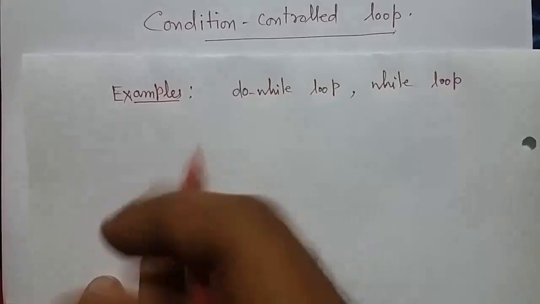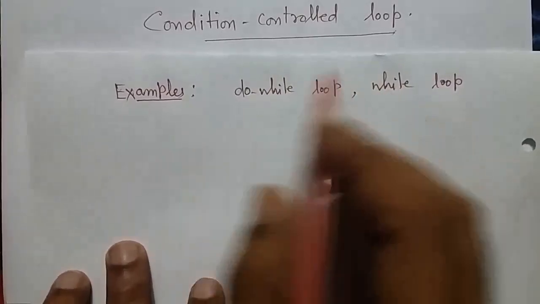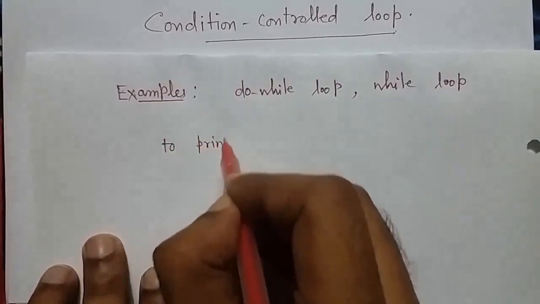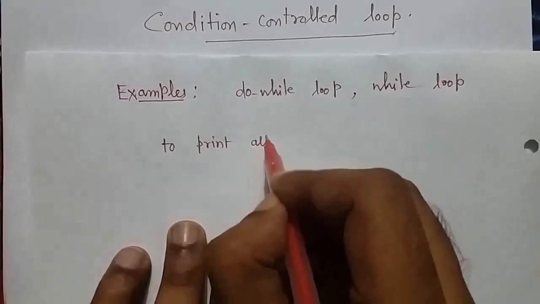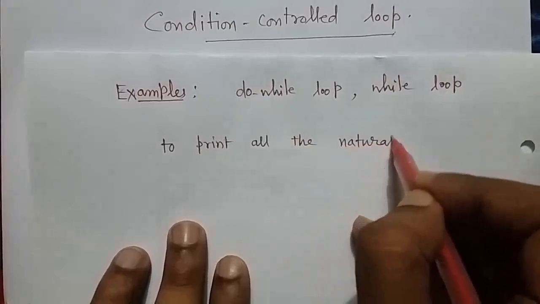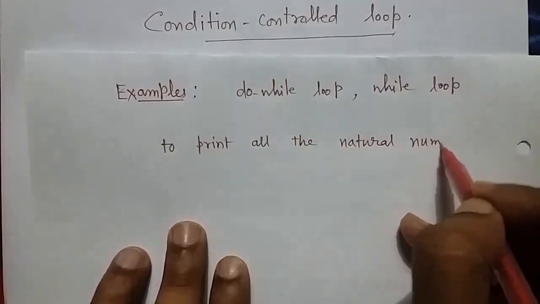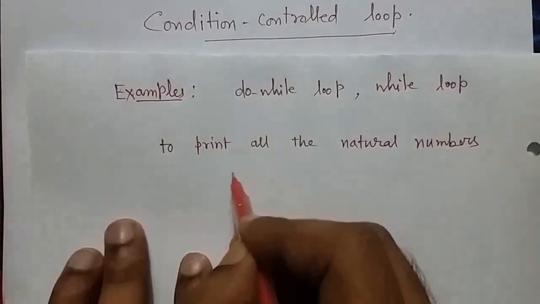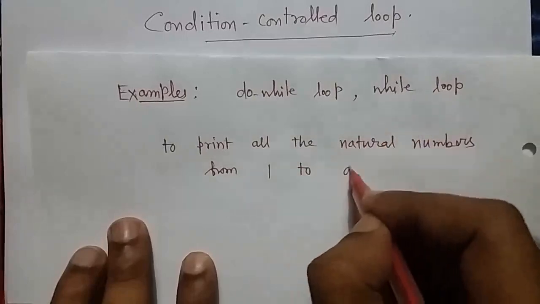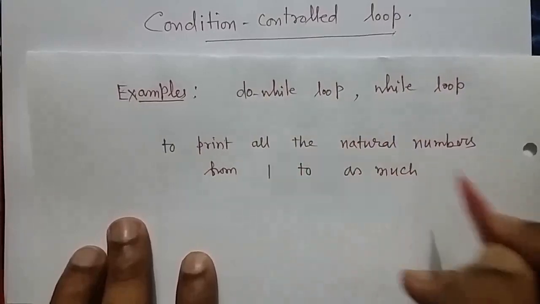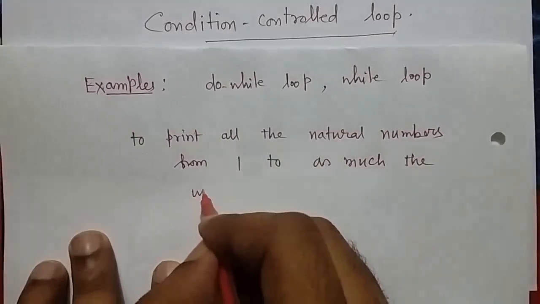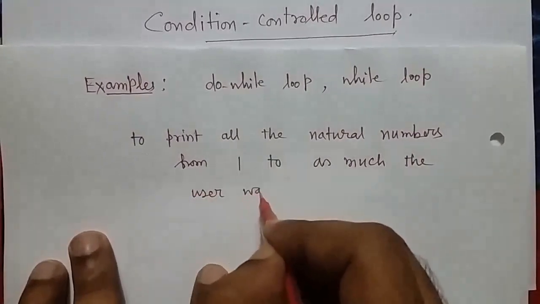And an example with reference to a program is to print all the natural numbers from 1 to as much as the user wants.